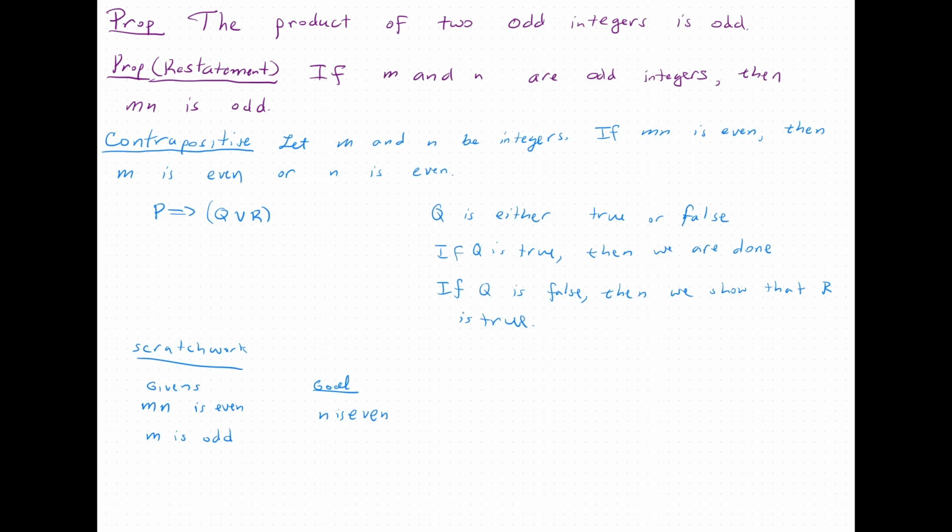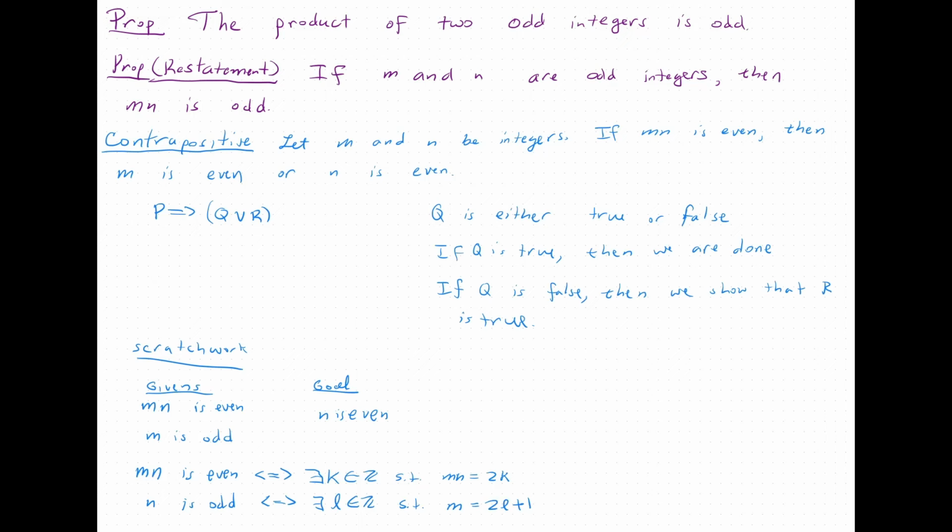So both of the givens: the fact that mn is even, by definition, tells us that there is some integer out there, let's go ahead and call it k, such that mn is equal to 2 times k. m is odd, by definition, is equivalent to the existence of some integer, let's call it l, such that m is equal to 2l plus 1.